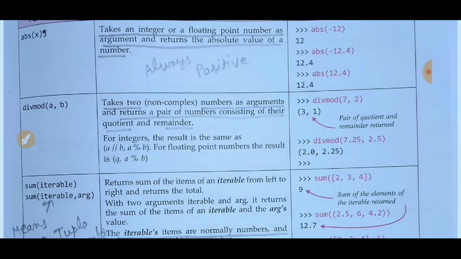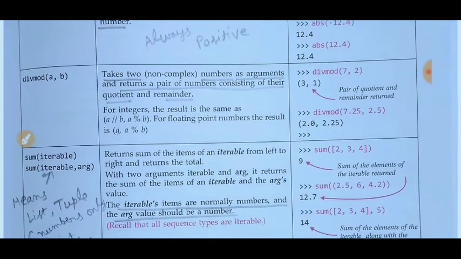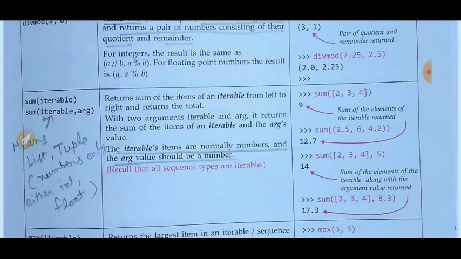So pair of quotient and remainder, it will return the answer 3 as a quotient and 1 as a remainder. Similarly next example, divmod 7.25 comma 2.5. So two parameters are here, 7.25 divided by 2.5, we will get 2 as a quotient and 2.25 as a remainder. Clear? Next is sum.